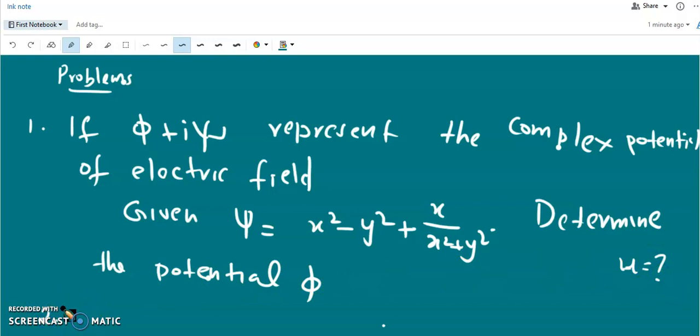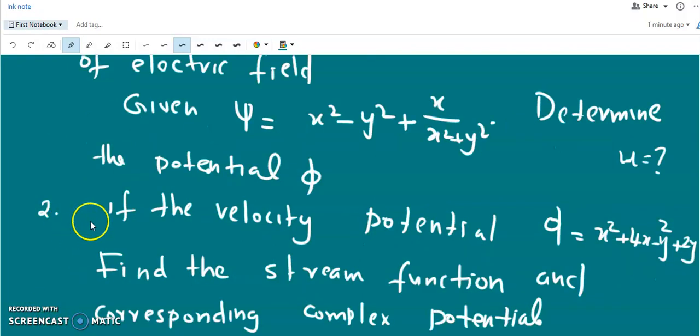Now the second question: if the velocity potential phi equal to x square plus 4x minus y square plus 2y is given, find the stream function and the corresponding complex potential. So phi is given and we are asked to find psi. We know that phi plus i psi is analytic. So the real part is given, and we have to find the imaginary part v. You know the procedure, and the corresponding complex potential is phi plus i psi.